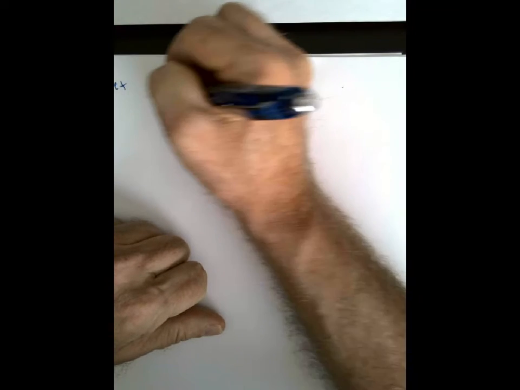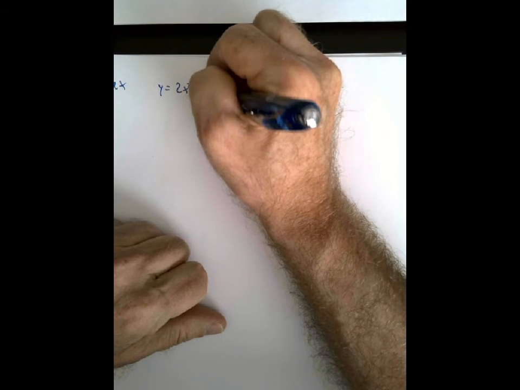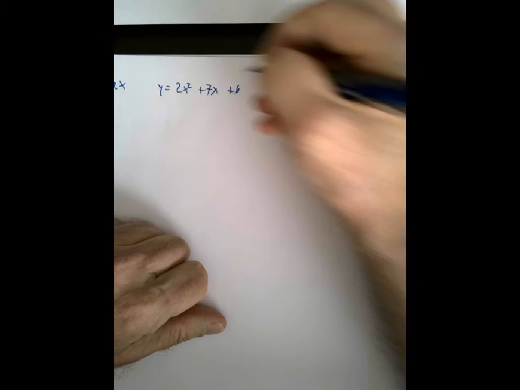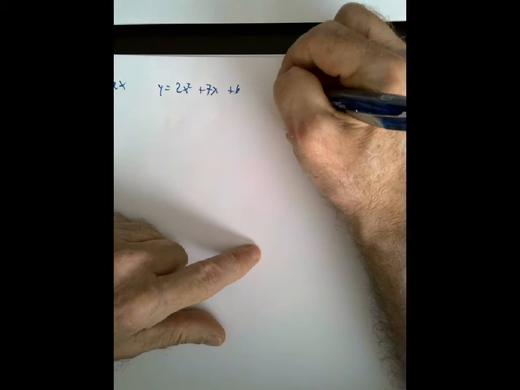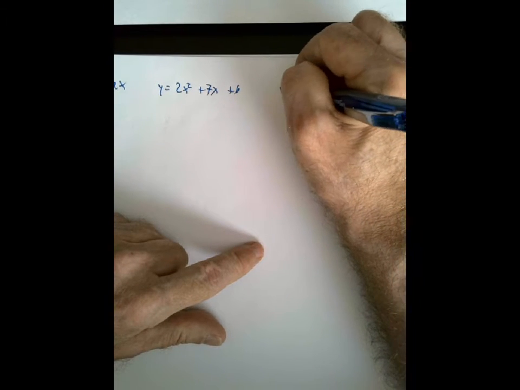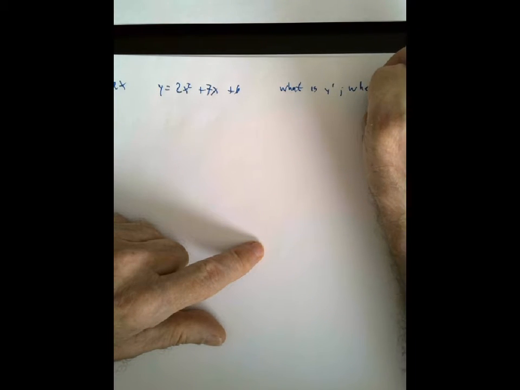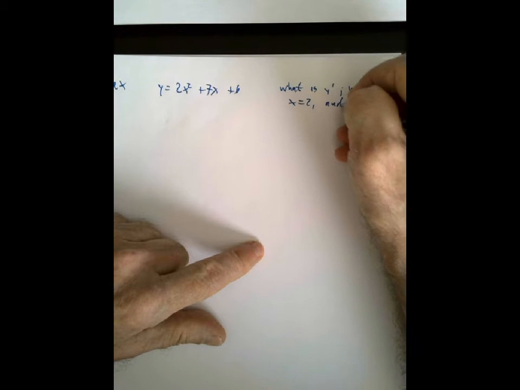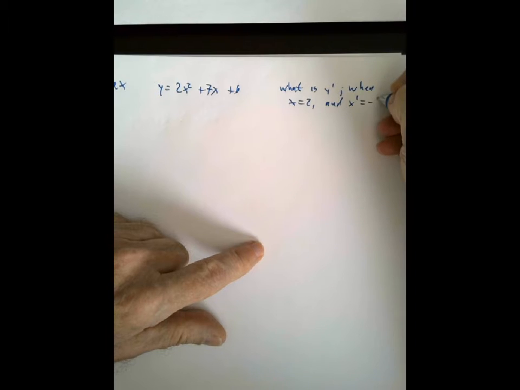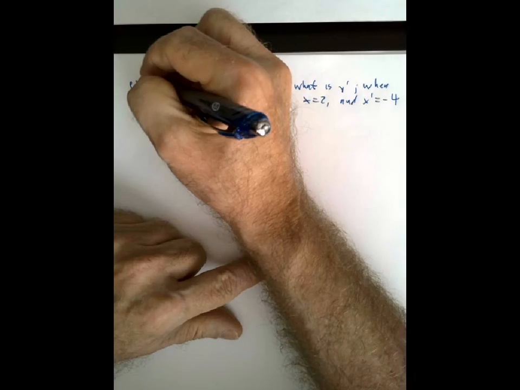Y is equal to 2x squared plus 7x plus 6, and we want to solve for what is y primed when x equals 2 and x primed is equal to negative 4.